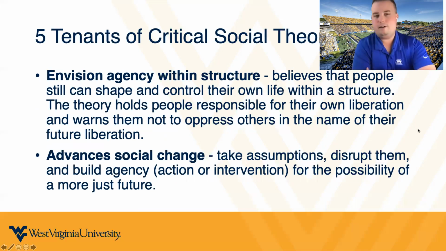The next two, and these are very important to understand, is that one of the other tenets of critical social theory is the idea that it envisions agency within structure. With critical social theory, there's this belief that people have the ability to shape and control their own life within a structure. And really, this idea of CST holds people responsible for their own liberation and gives them the tools to adapt and overcome some of these boundaries that we face in life, but also warns these people, don't oppress others in the name of their own future liberation.